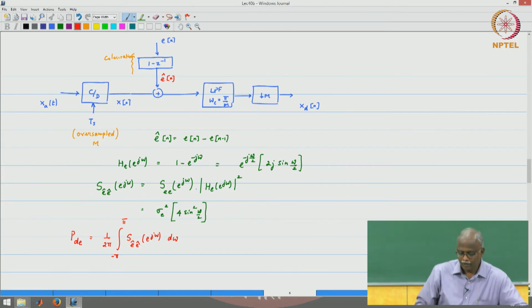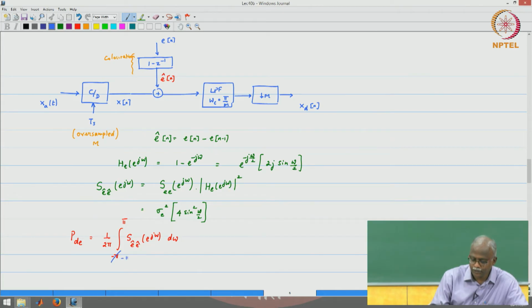But PDE is not measured here, it is measured at the output. At the output, what did we do? We already restricted it to pi over m. So, actually these limits are not correct, this should be minus pi over m to pi over m.